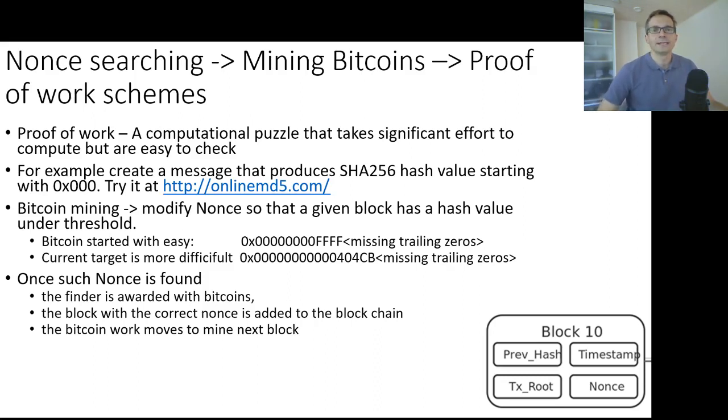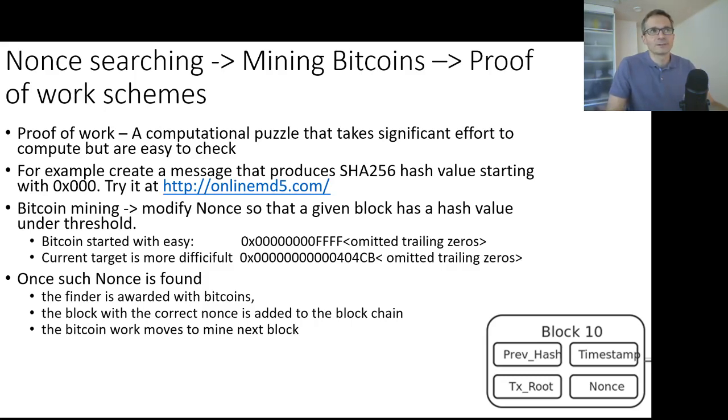So in Bitcoin mining, what the machines actually do is that they modify the nonce so that the given block has a hash value under a certain threshold. Bitcoin started with a fairly easy threshold, easy for a computer that is, which means that at the start of the hash function result, there should be 8 zeros followed by FFFF, or a value smaller than that.